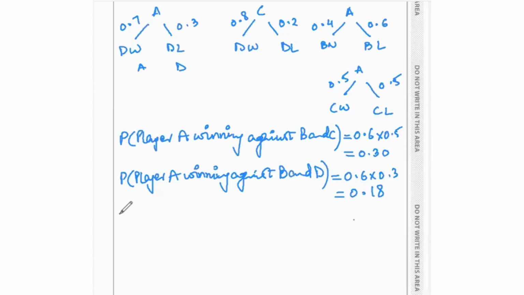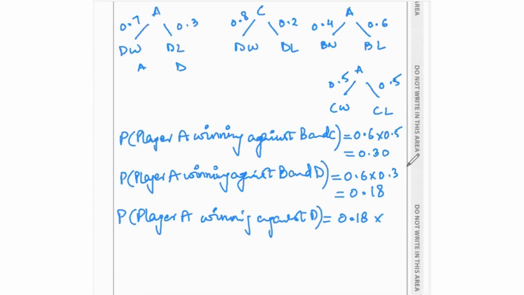Now, if player A is playing player D in the finals, the probability of player A winning against D would be 0.18 times 0.8.